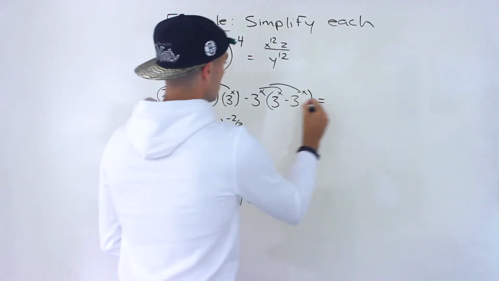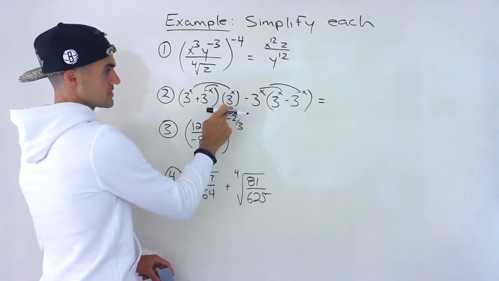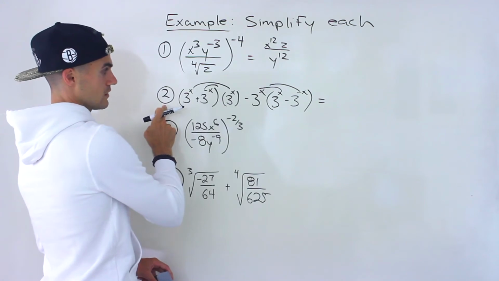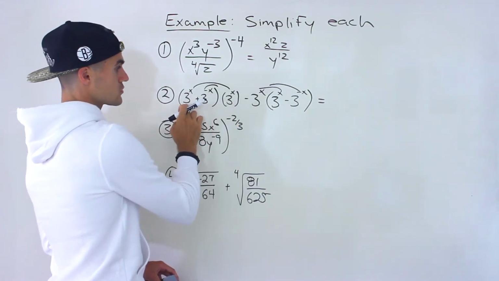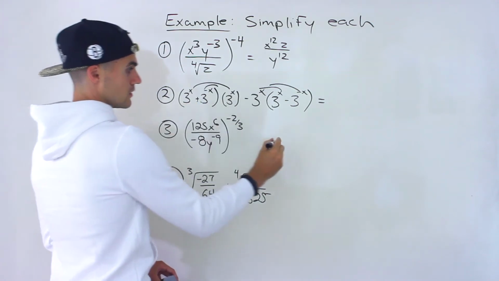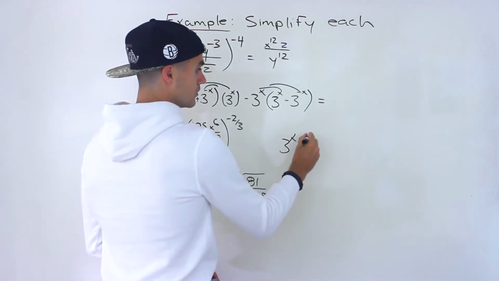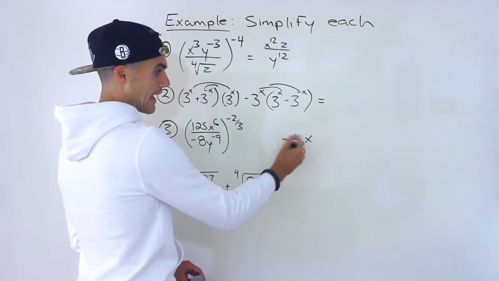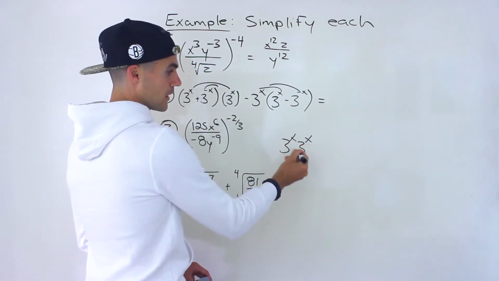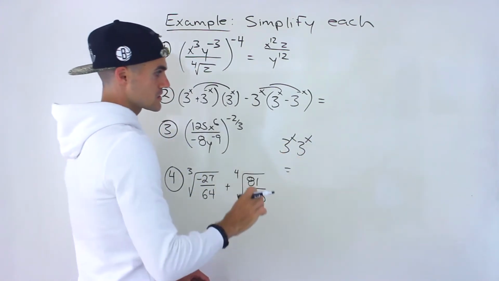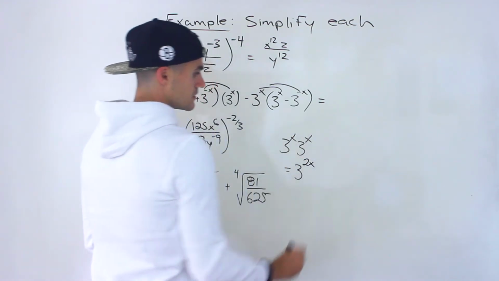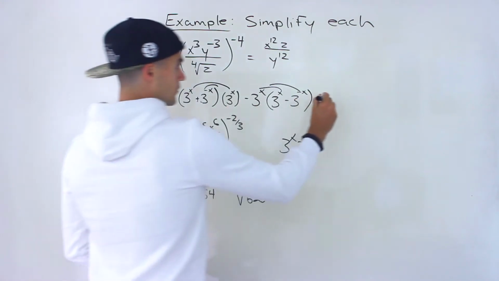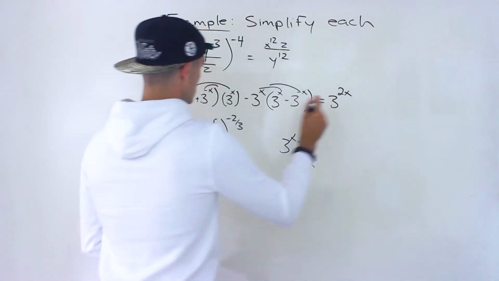So what would happen is 3 to the power of x, you could pretend like this is in front even. It was just written over here. So 3 to the power of x times 3 to the power of x, what would that be? Well, same base, we would just add the exponents. We're multiplying two exponential expressions with the same base, add the exponents. X plus x gives us 2x. So that would be 3 to the power of 2x.